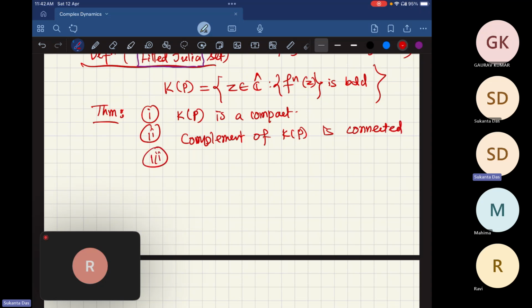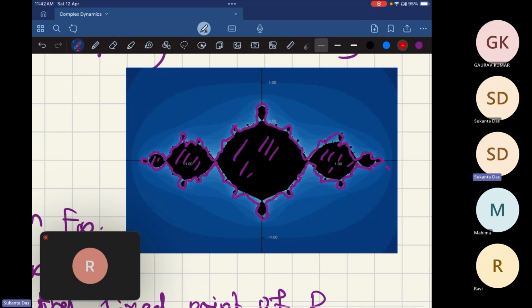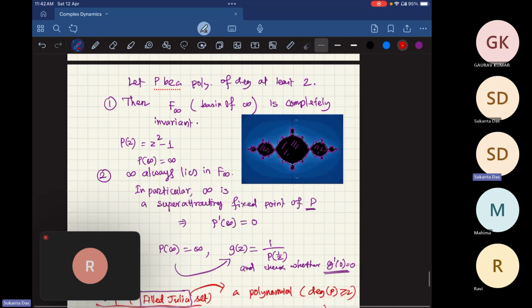And the third one, that the boundary of Kp is precisely the Julia set of P. This is important to note: the boundary of this Kp is precisely the Julia set of the polynomial.